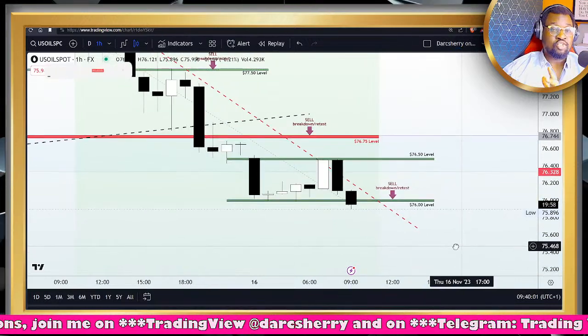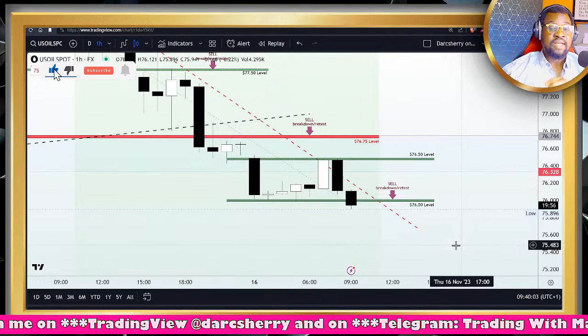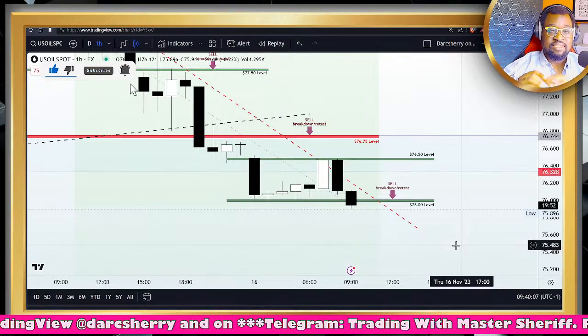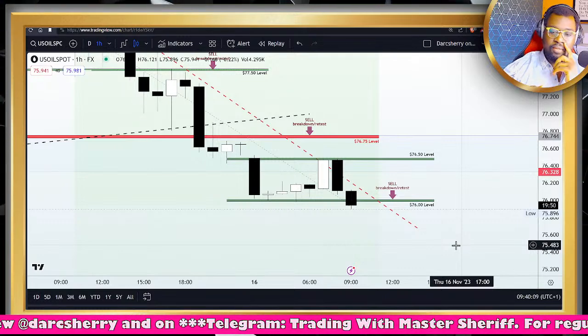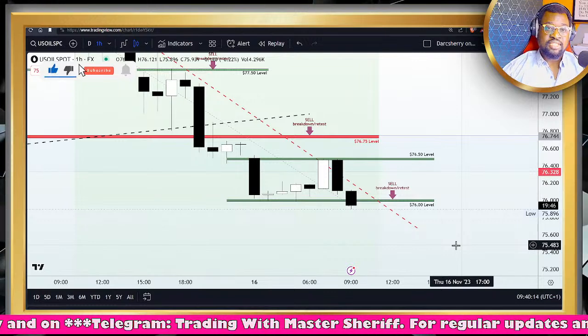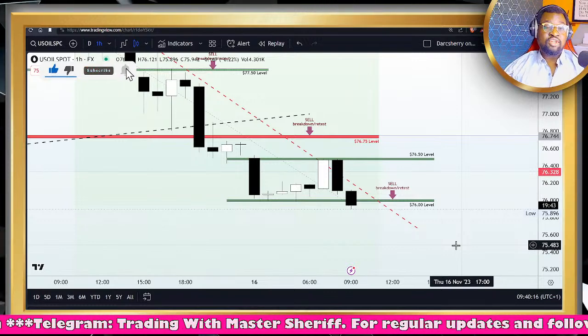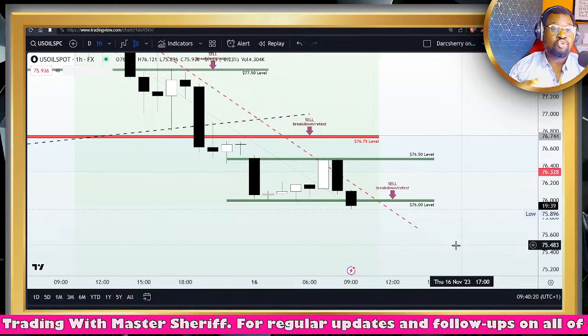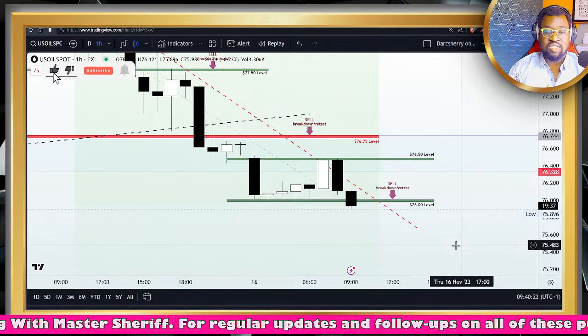So we'll continue to look out for selling opportunities here as long as price remains below the descending trend line and the $76 area. However, in as much as we're looking out for bearish opportunities today, we cannot ignore the potential that buyers could come in. Remember, we are at a very crucial juncture when we looked at the 4 hours time frame.